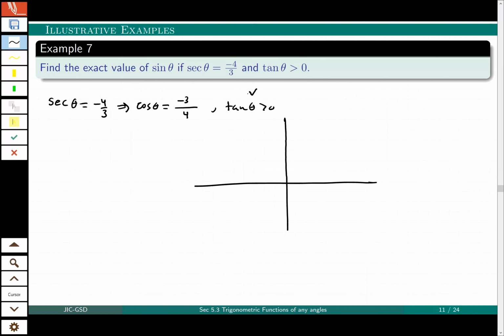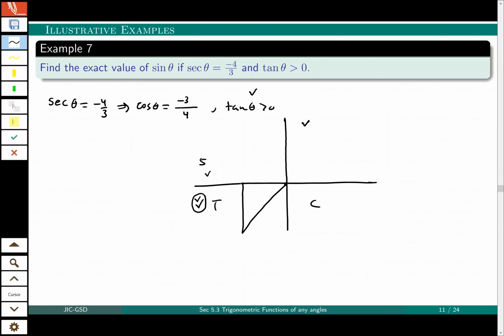When he says tan theta is positive, STC. Tan is positive in quadrant 1 and quadrant number 3. Cosine is negative in quadrant number 2 and quadrant number 3. So we have 2 ticks, means we must be in quadrant number 3.